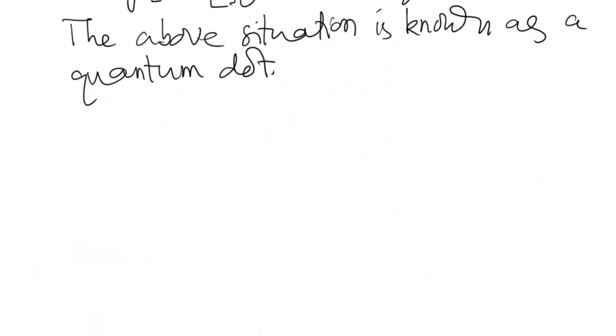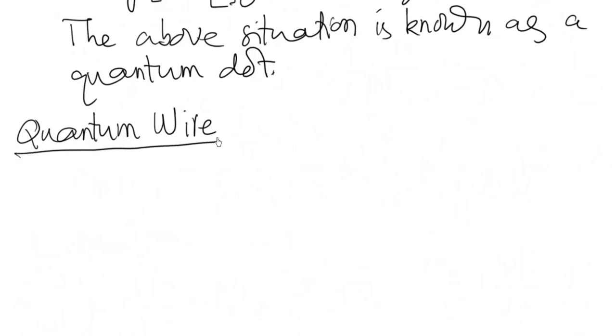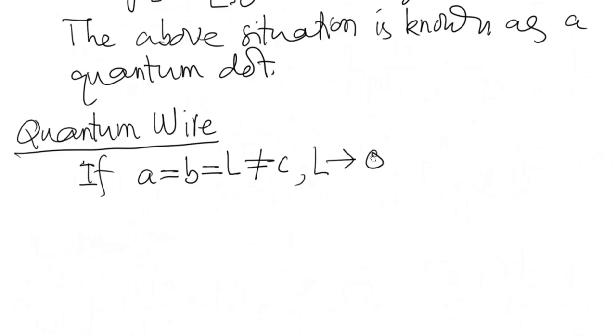Finally, we consider quantum wire. Here, if A equal to B equal to L is not equal to C, and L tends to 0. That means two sides are equal and these sides tend to 0, but the other side is open on both sides.